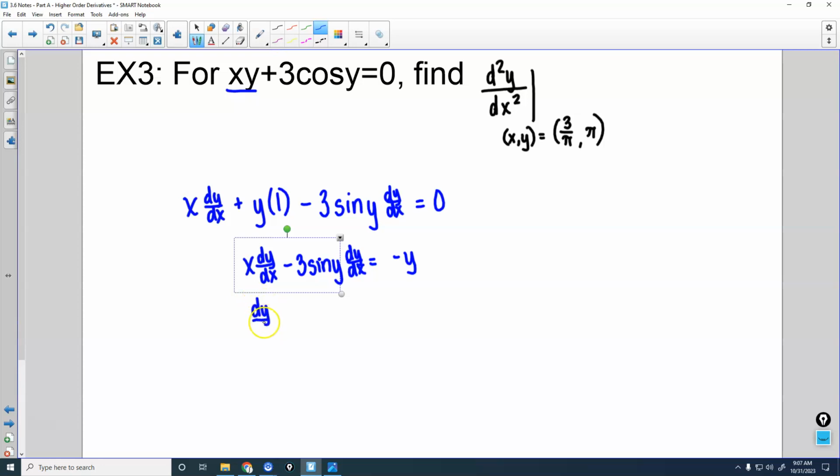Factor out our dy dx. And then your last step is going to be to divide.